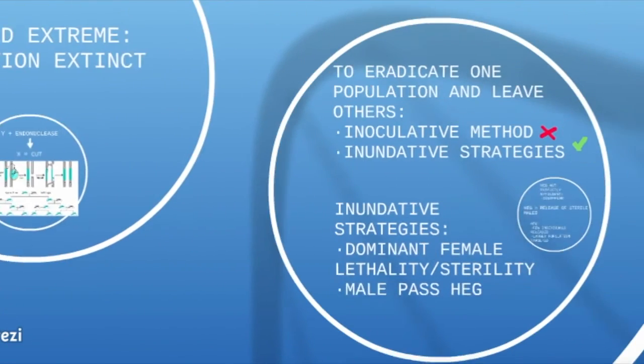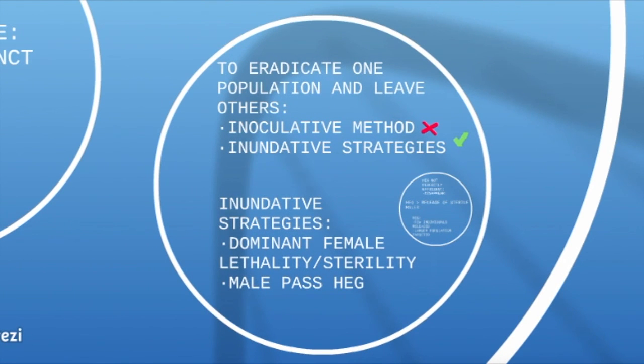The release of relatively few engineered individuals will drive the population manipulation. Often this is an advantage. If we want to eradicate only one population and leave others, we cannot use inoculative methods, but we can use inundative strategies, like the release of sterile males.